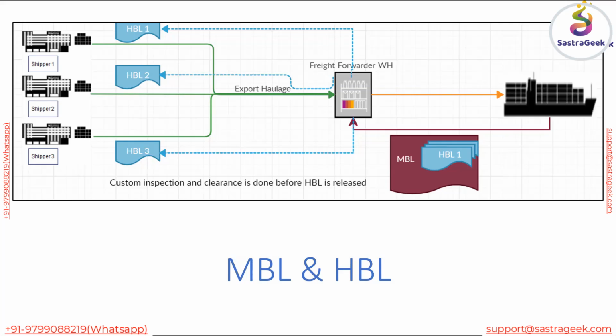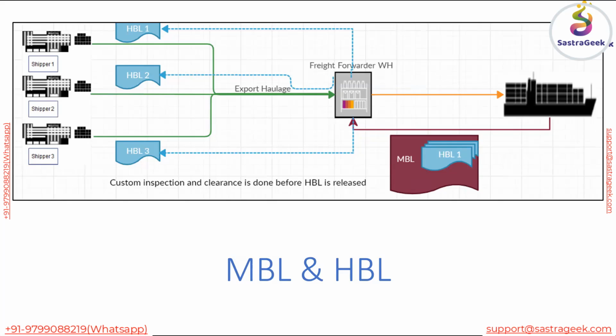Once consolidation is done in the CFS and it is given to the carrier, and if the carrier also has SAP TM in their system, it can be subcontracting to the carrier.